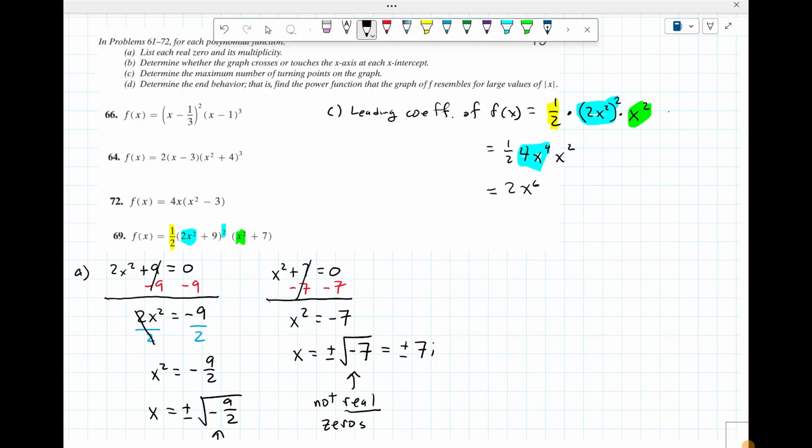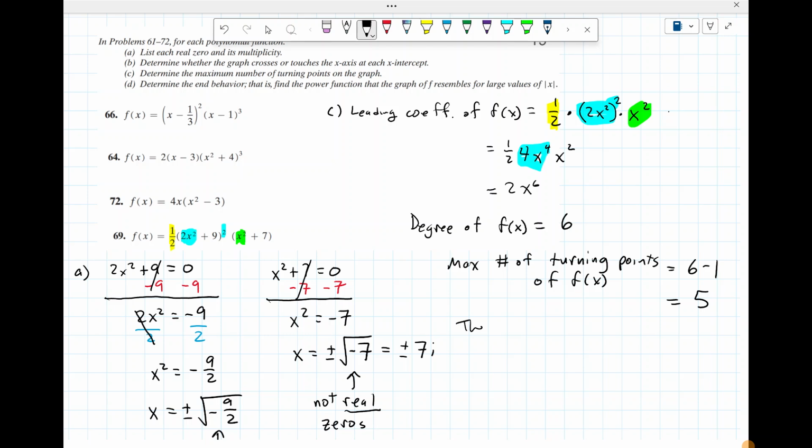All right, so what does this tell me? Well, if we want to find the maximum turning points of a graph, we want to find the degree of the function first. The degree of f of x is equal to the exponent of my leading term, so the degree of f of x is 6. That means that the maximum number of turning points will be 1 less than 6, so 6 minus 1, which is 5.